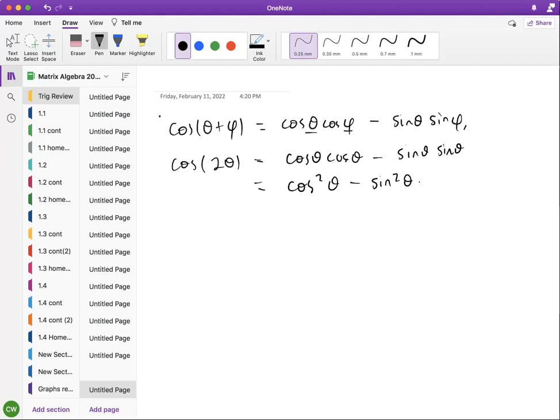So these are the cosine values. Now you might be curious about how about the difference of two angles?